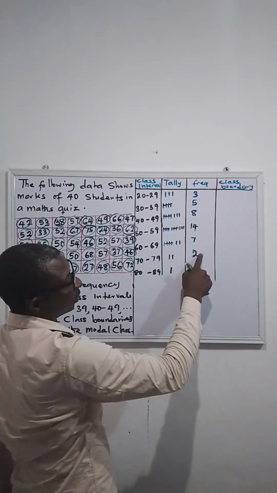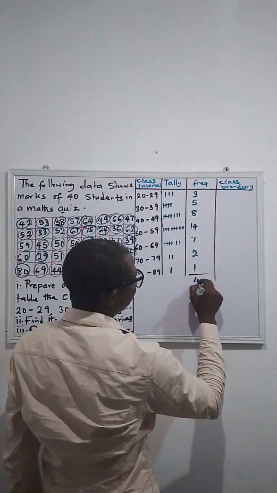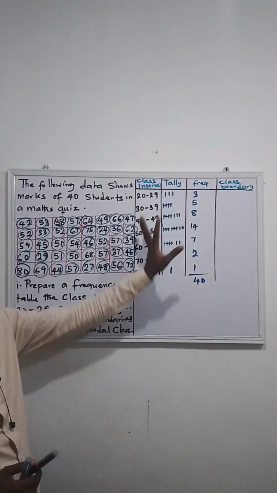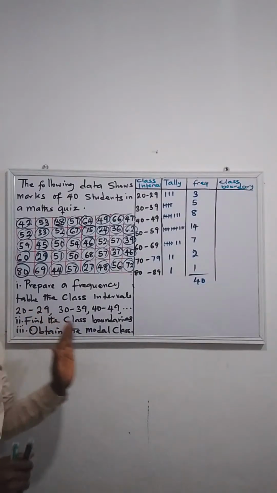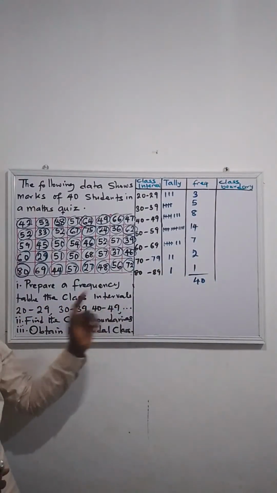Then 37, 39, 40. So the total is 40. That means our tally is correct. What we have just done is the frequency table, and that's what the first part of the question requested.